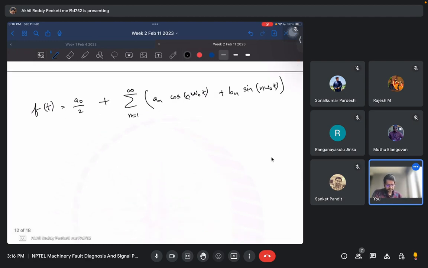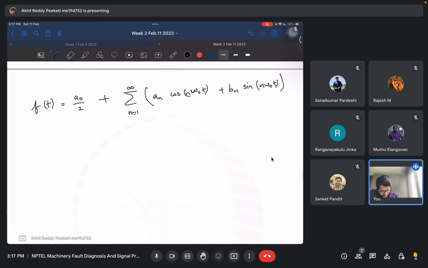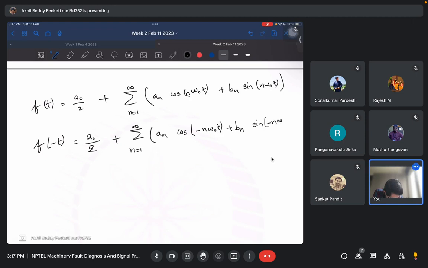Now, if it is an odd function, then if you take the negative x, you should be able to estimate it by taking the negative of the full function, right? So let's see what f of minus t looks like. a naught by 2 stays as a naught by 2 plus the sum from n equal to 1 to infinity of a n cos of minus n omega naught t plus b n sin of minus n omega naught t, right?